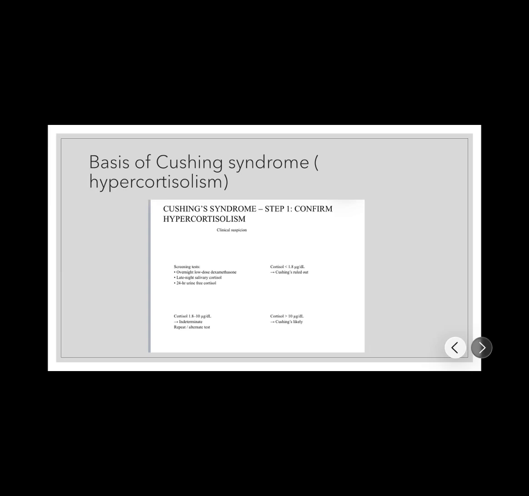Here you will do the 2-day low dose test when the cortisol levels are between 1.8 and 10 microgram per deciliter. Okay, that is, the low dose dexamethasone suppression test was equivocal. You will now do the 2-day low dose test. Now you will give dexamethasone 0.5 milligrams for 2 days. Okay, and after that you will obtain a 24-hour urine collection prior to the test as well as on the second day.